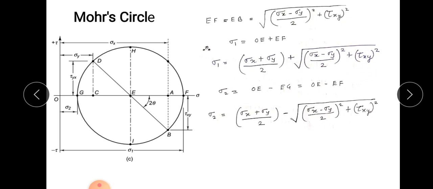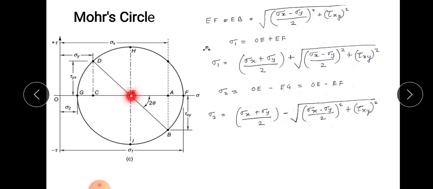Now what is sigma 2? Sigma 2 is nothing but the minimum principal stress, and it is equal to OE minus EG. When you subtract EG from OE, you get sigma 2. Now EG is nothing but EF, right?